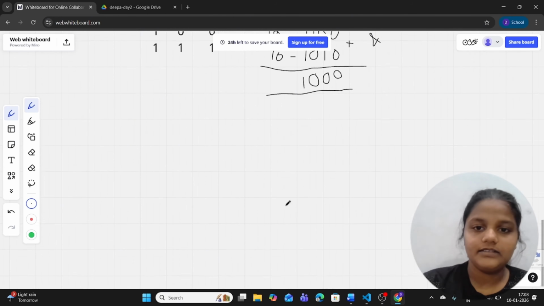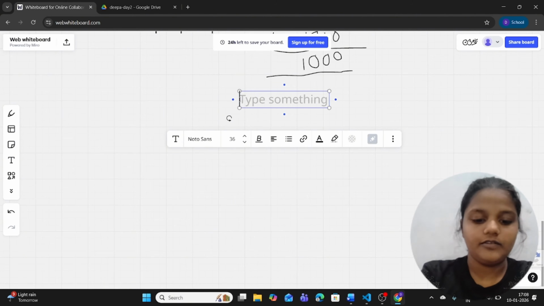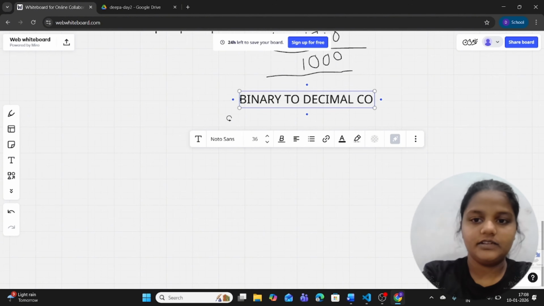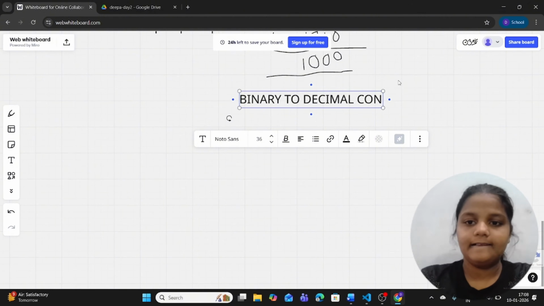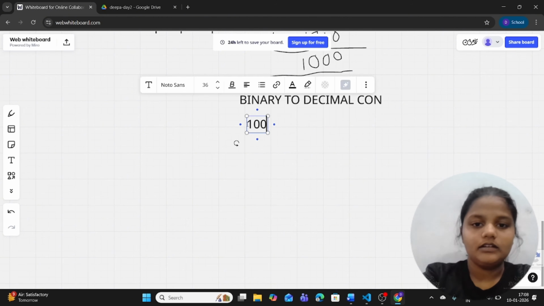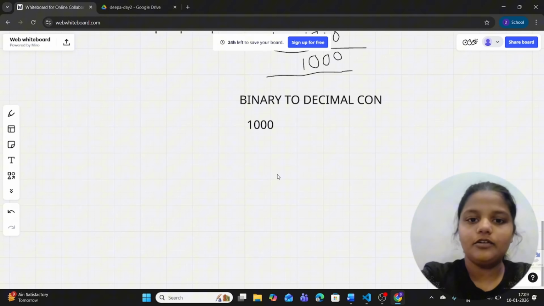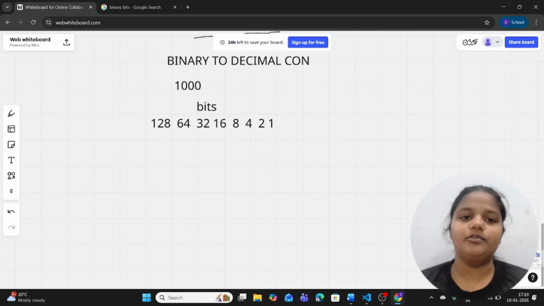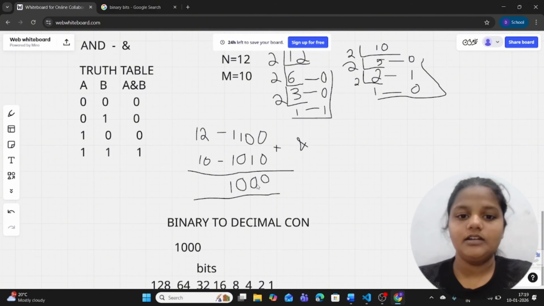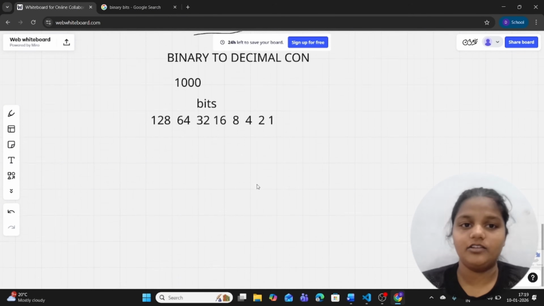So first take our output value, that is, now we are going to see the binary to decimal conversion. Okay, we have 1000 as the value. We have got our output as 1000, so we want to convert this into decimal and see what is our final output.